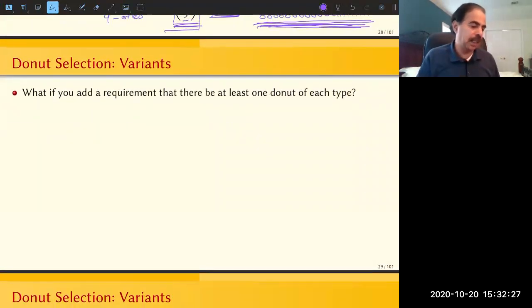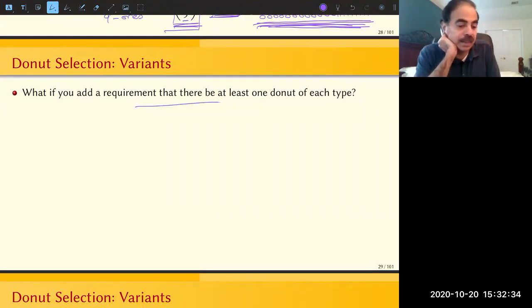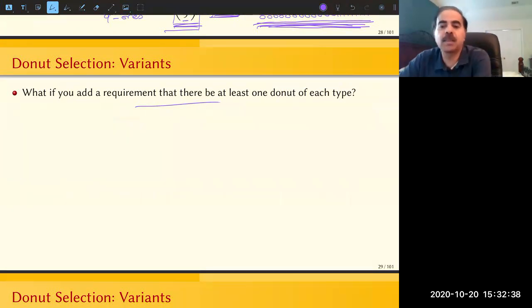Okay, so let's say we had a requirement that there be at least one donut of each type, right? So how can we solve the problem now? Can someone tell me? Again, there are 5 times the number of people that I see in the class, so I'm sure more of you can switch on your cameras for my sake.